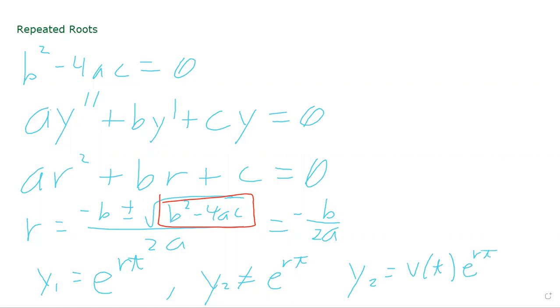So now we have to find that. Using that, I'm going to rewrite it. I'm going to just write V, not V of T, just to save a little bit of effort here. And now let's take the derivative. Now we are going to have to do a product rule here. And then let's take our second derivative.